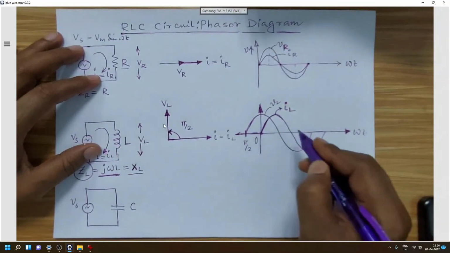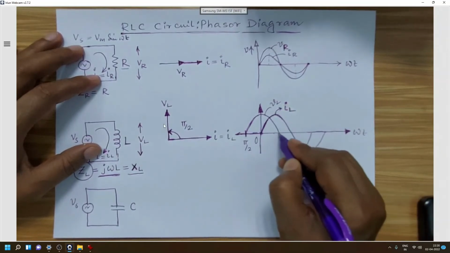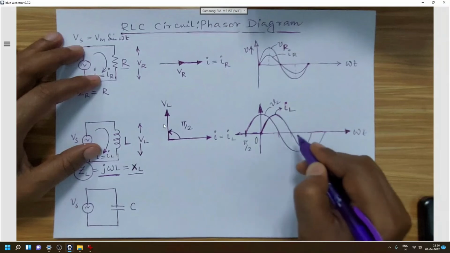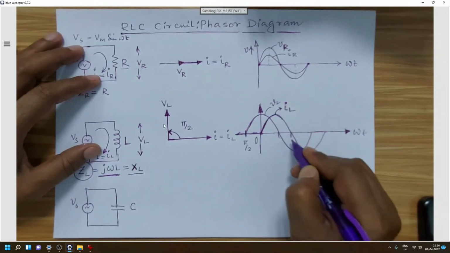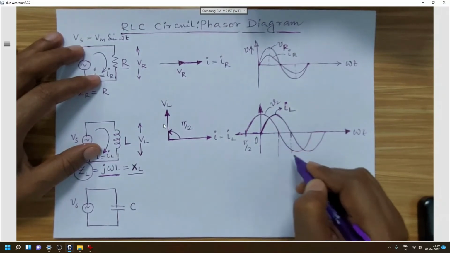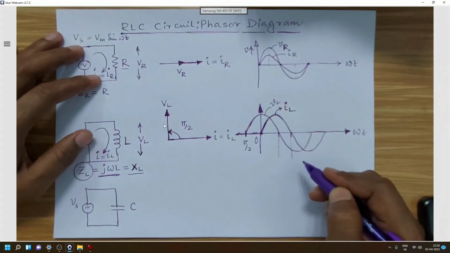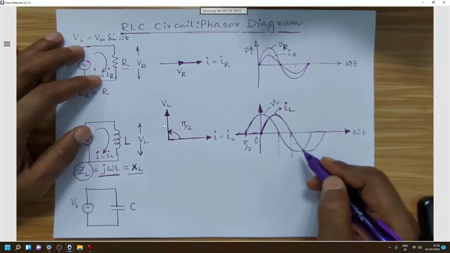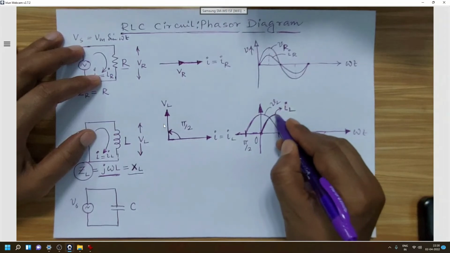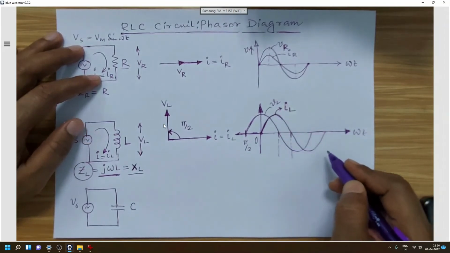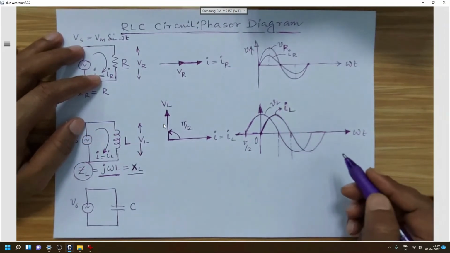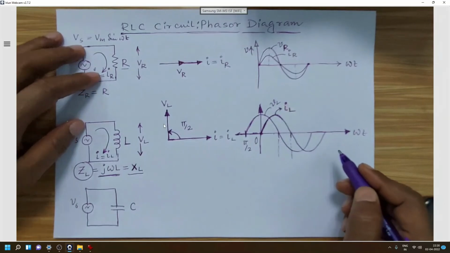So we will see that there is a phase displacement of 90 degrees at each point. Here also we will see that this angle displacement is 90 degrees.